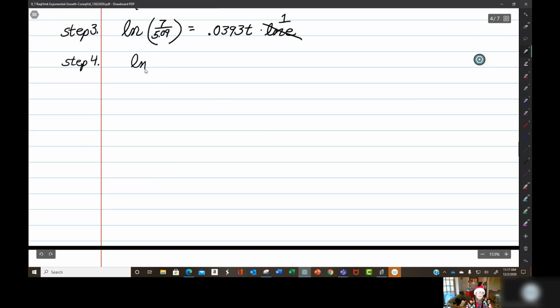We're going to have the ln of 7 over 5.09 equals 0.0393 t, and to solve for t, I divide both sides by 0.0393.